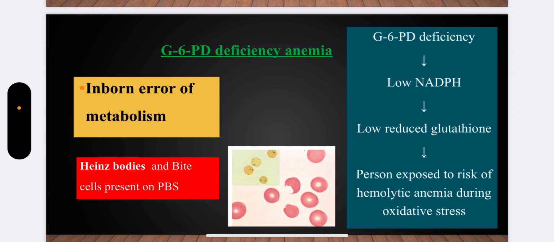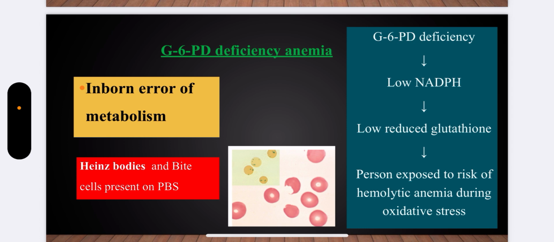This enzyme is required for the formation of NADPH, which in turn is required for the maintenance of glutathione in the reduced state. When glutathione is in the reduced state, it can be helpful in disposing of the reactive oxygen free radicals, which can further cause oxidative damage to the cells.